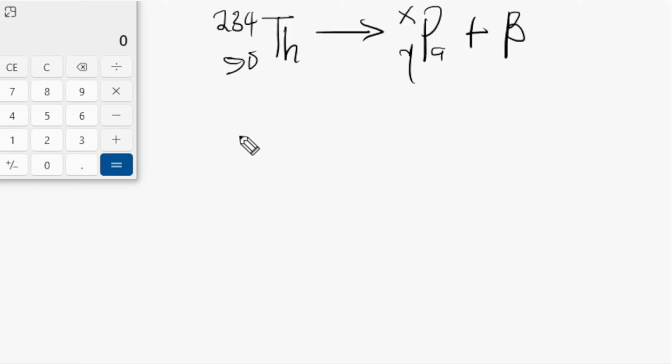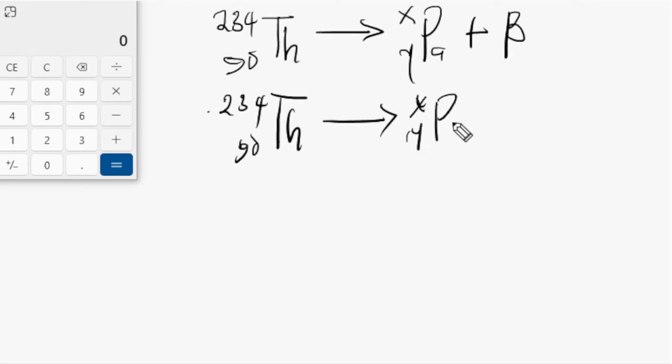So, which means in this case, we're going to have 234, 90, we're going to have X and Y here for this, and then finally let's represent this beta particle with X here. We're going to have the mass number to be 0, and then here to be -1.